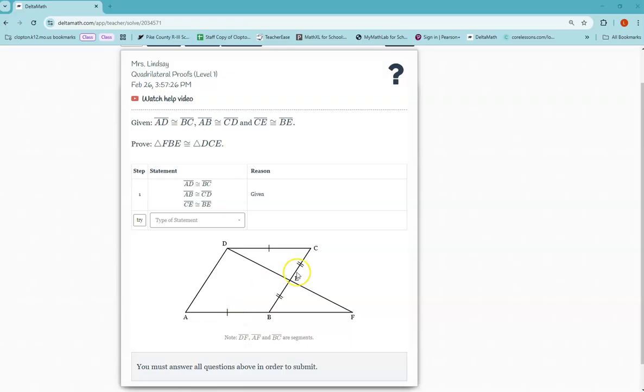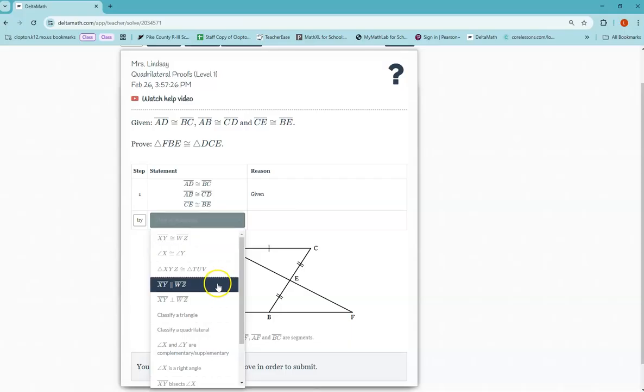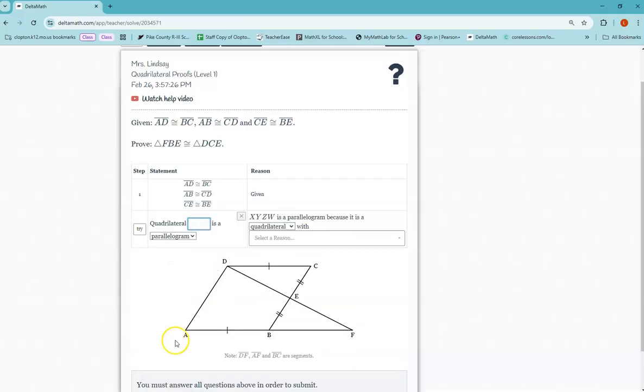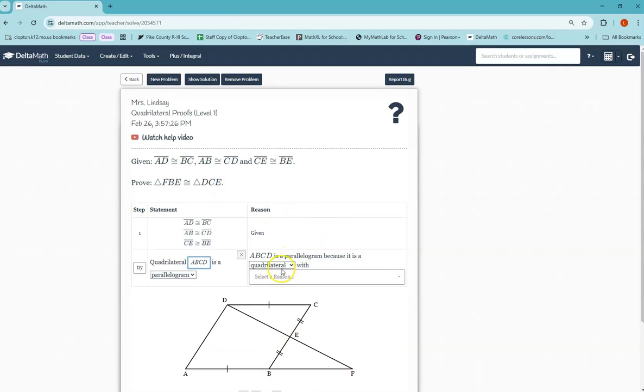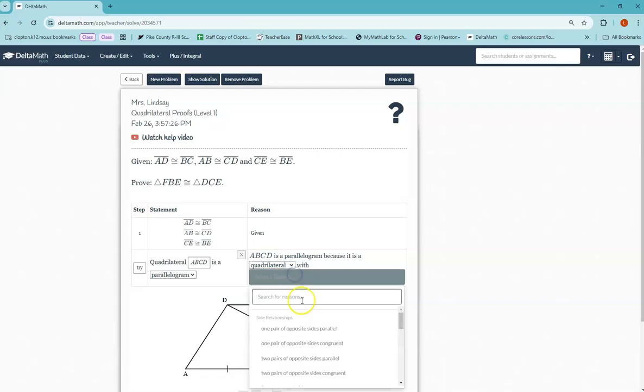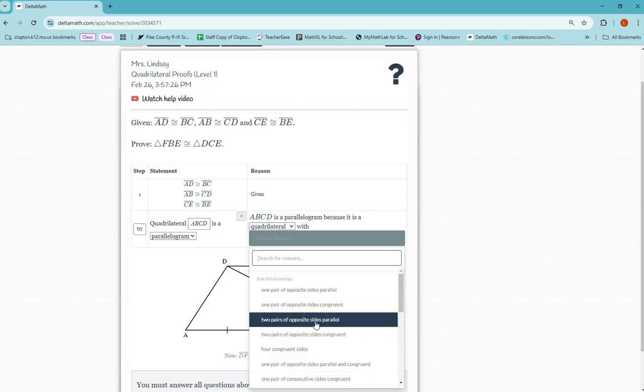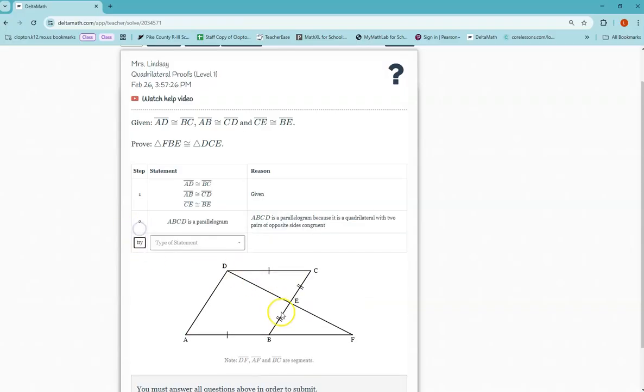So if we have opposite sides that are congruent, two sets of them, can we say that we can classify ABCD as a parallelogram, right? ABCD is a parallelogram because it is a quadrilateral with two pairs of opposite sides that are congruent. Okay, so we've stated that's a parallelogram.